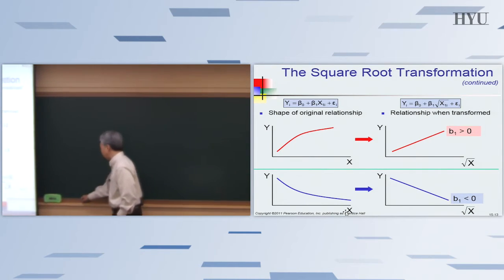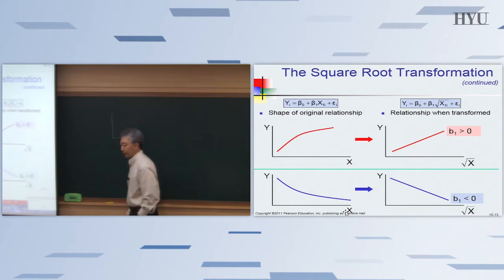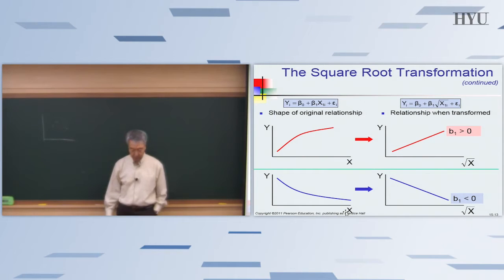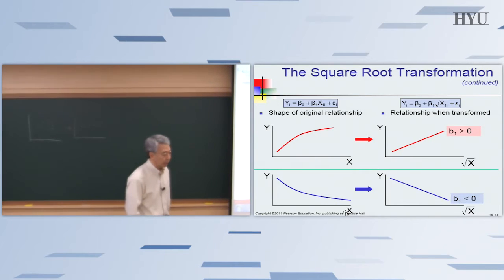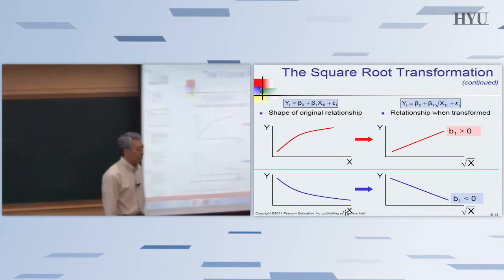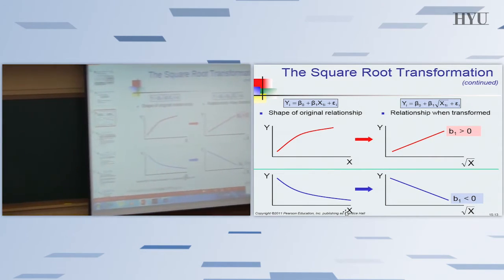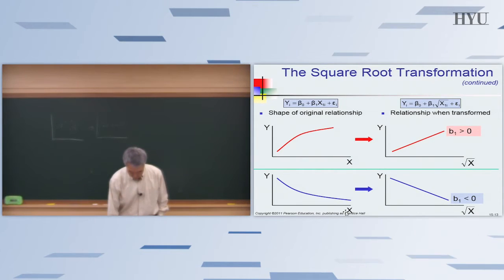When we have a residual plot that goes like that, when you take a square root transformation, then we could make it this way, a random distribution of residuals, instead of a residual plot with a clear pattern. Okay, so let's continue.